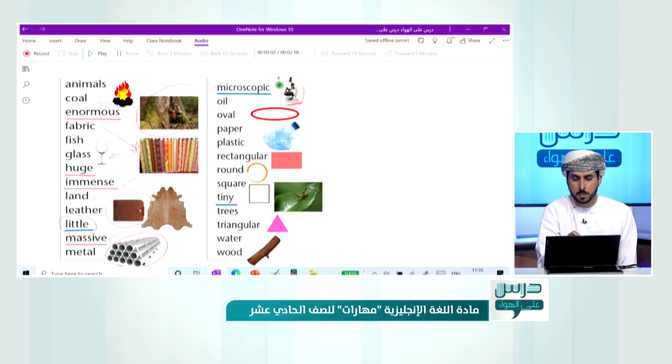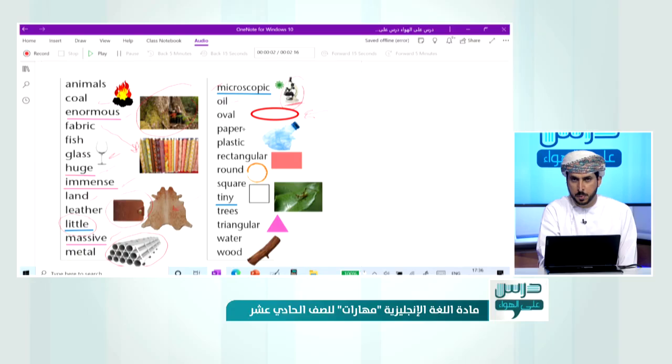This is a microscope, and because of using this device you can see very small creatures like bacteria, viruses, and so on. Also we have the word oil. This is a very frequent word that I believe that you know.